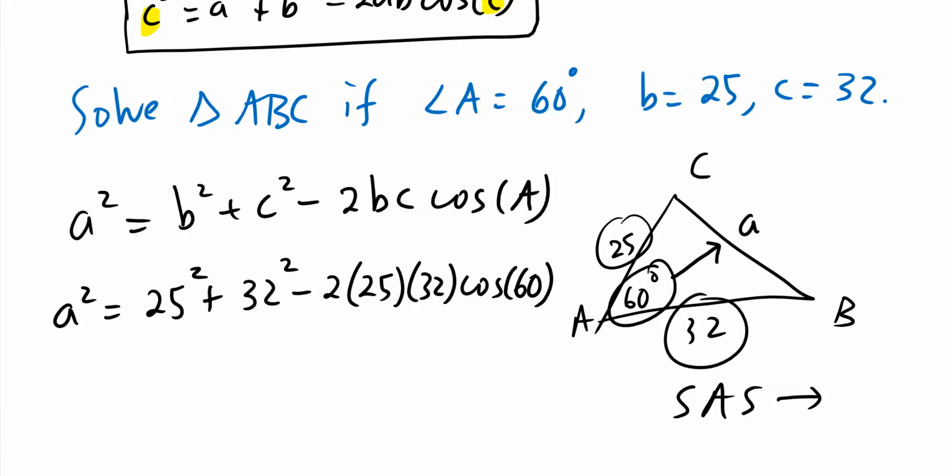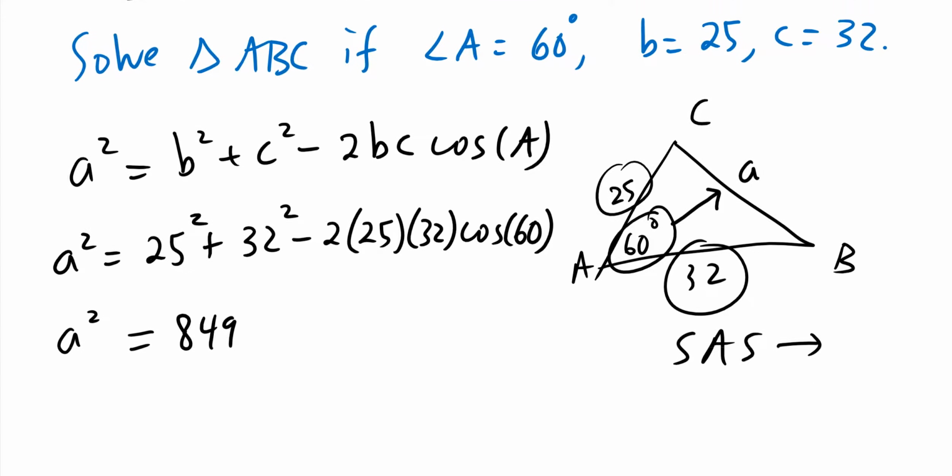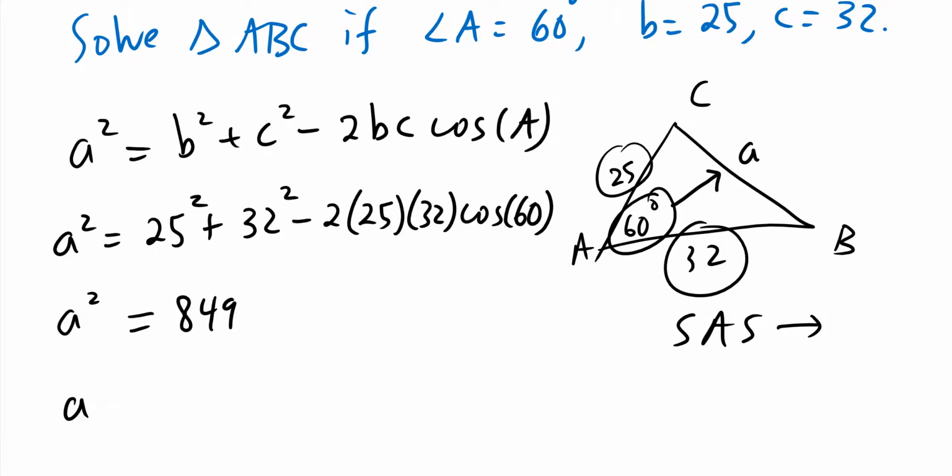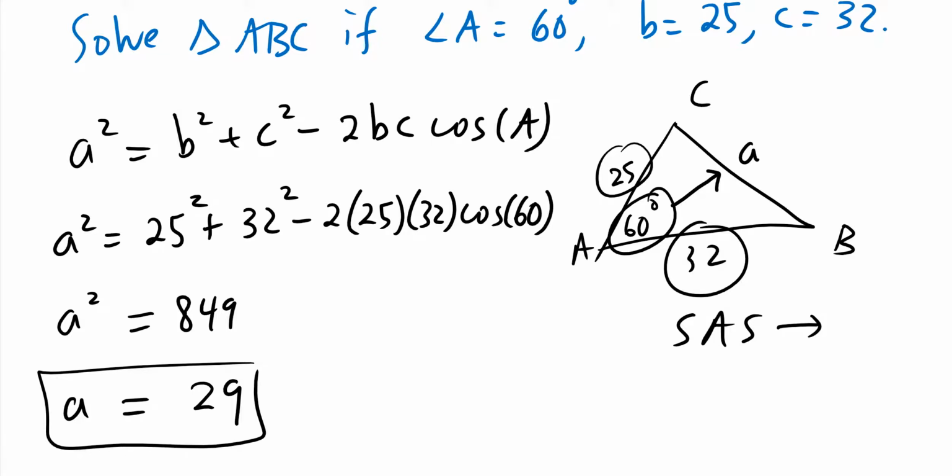Then a squared equals 849. So a equals, if you put that in the calculator, about 29 inches, or meters, or whatever the unit is. So let's say 29.